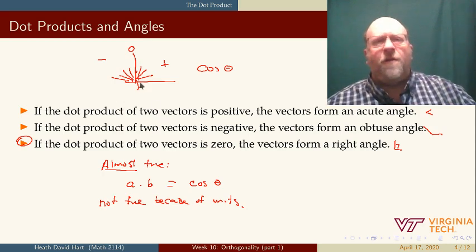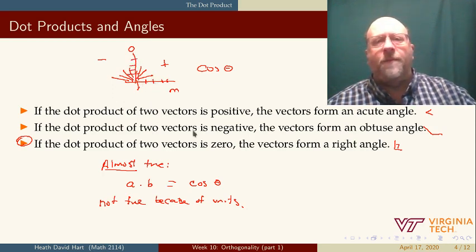If, for example, my axes were measured in, let's say, meters, so this is 1 meter, 2 meters, 3 meters, and so on and so forth, then the cosine is equal to a length divided by a length.